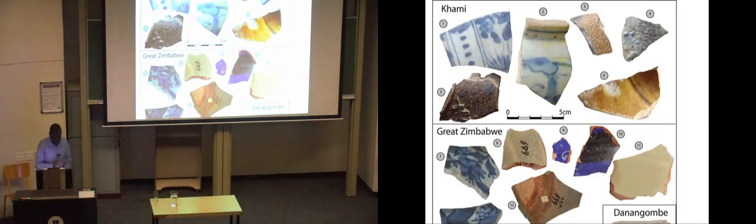This is perhaps a better photograph, but this top section, that is only ceramics from Khami. So yes, Khami was participating in a long distance trade. What we don't know is the directionality of that trade.